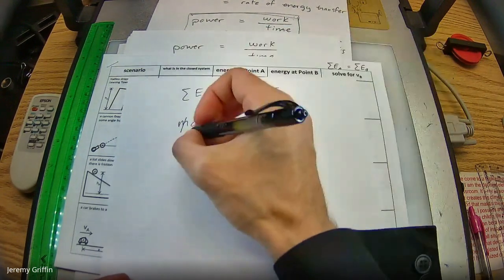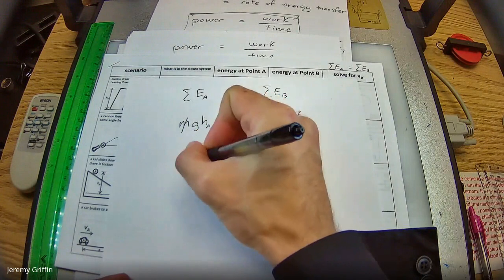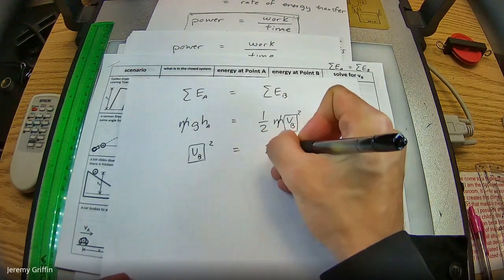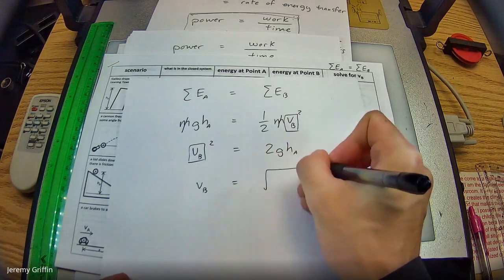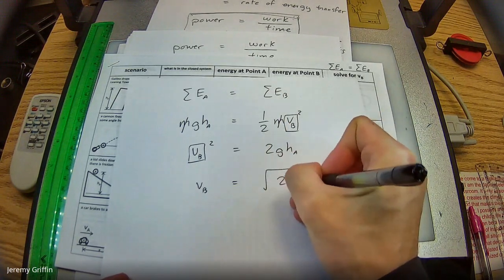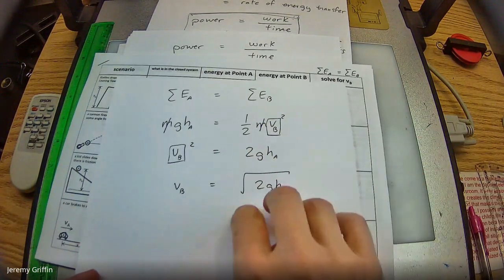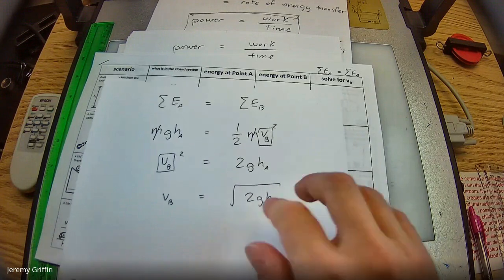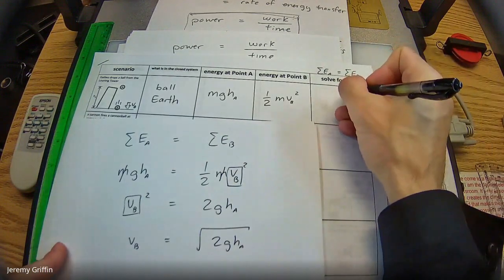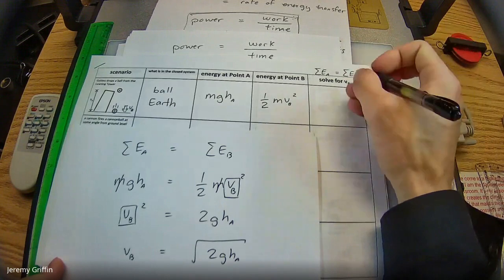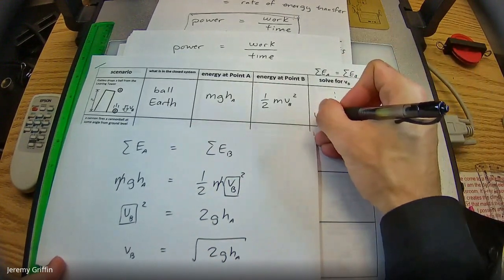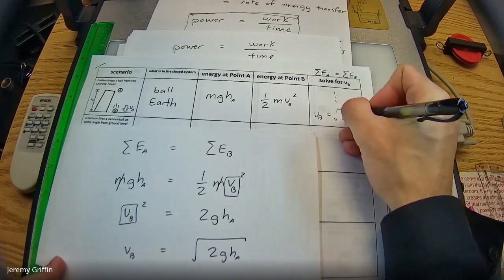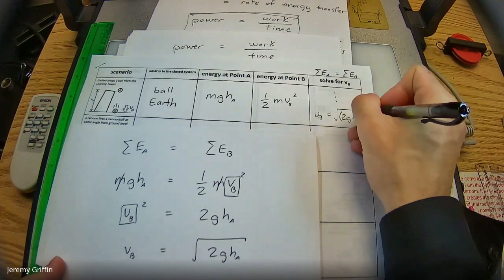Cross multiply the 2, so I'm getting vB squared equals 2gh. Take the square root. There you go. And you guys have seen this a few times before, including yesterday. So, okay, that's all good. Yeah, I did make this last cell way too small, so that's why I'm doing this on the paper. But the answer is square root of 2gh.